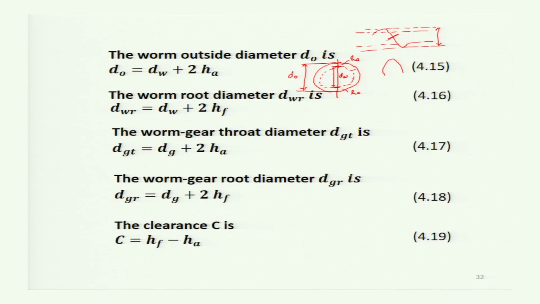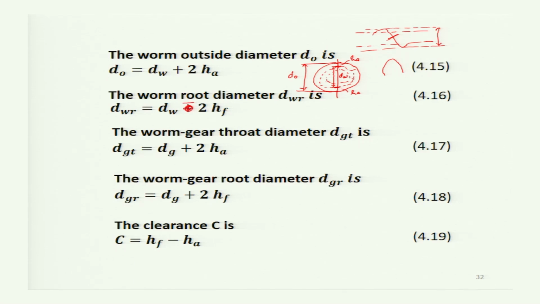The worm root diameter: the root will be below the pitch, and the depth of the tooth from pitch circle to the root circle is the dedendum. So the worm root diameter DWR is DW minus 2HF.